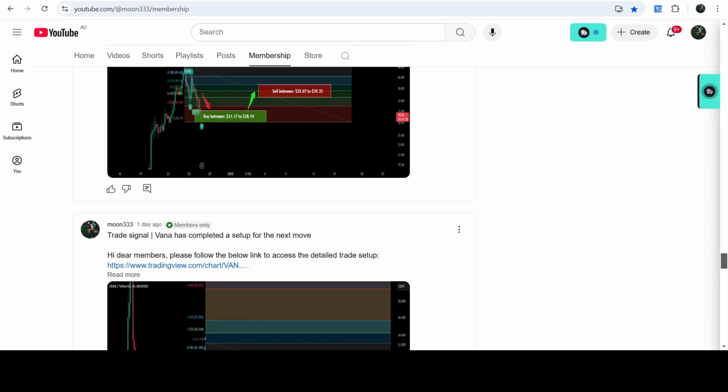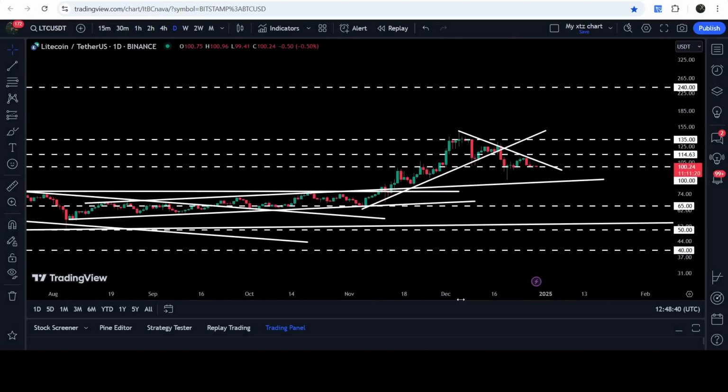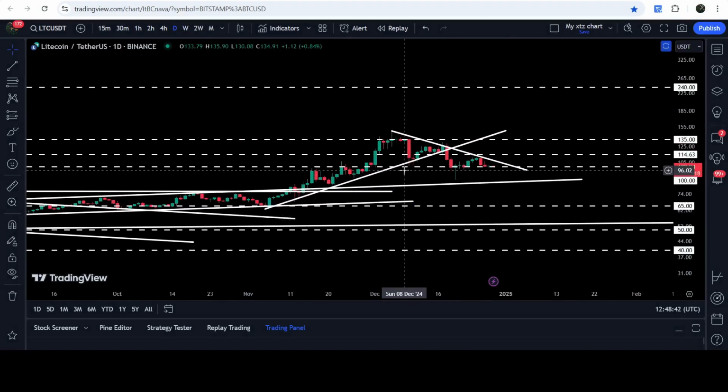Now, let me take you to the live chart of Litecoin. And recently on the daily time frame chart, you can see that Litecoin has broken down this uptrend line support and found another downtrend line resistance as well. Therefore, now we need to first break out this downtrend line resistance, and then there will be another quite long-term resistance of $114.63. Then we will have another resistance of $135 as well.